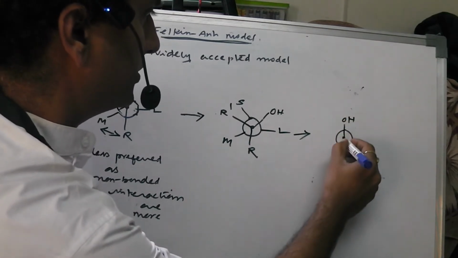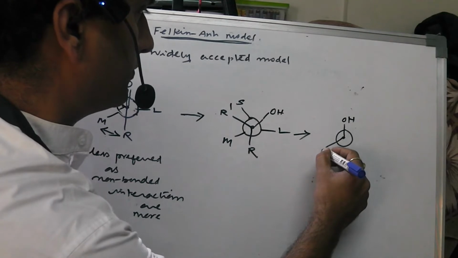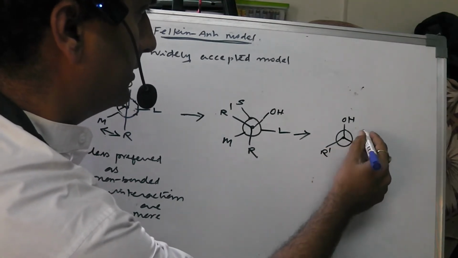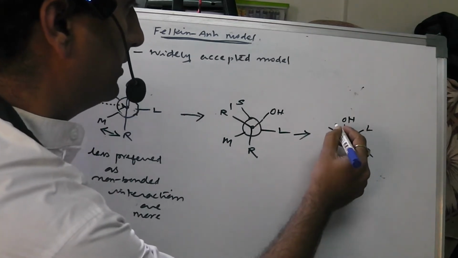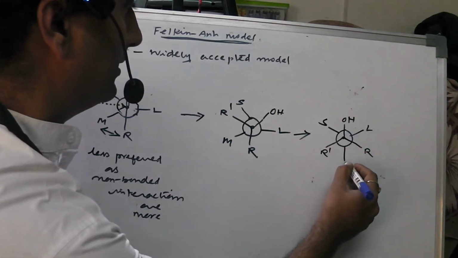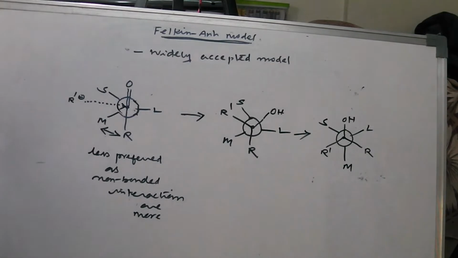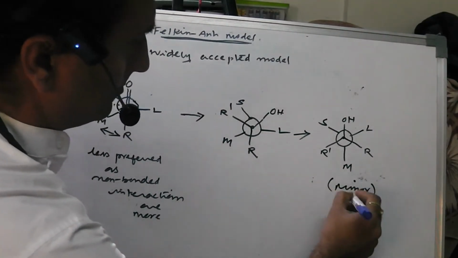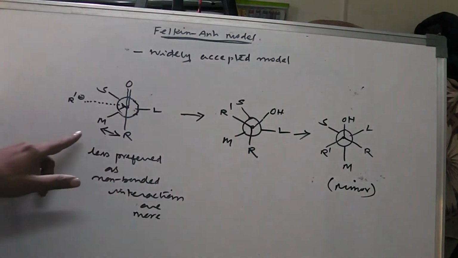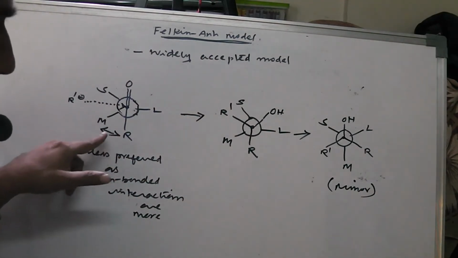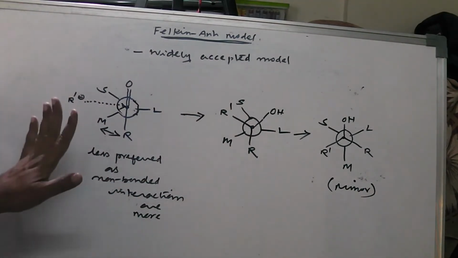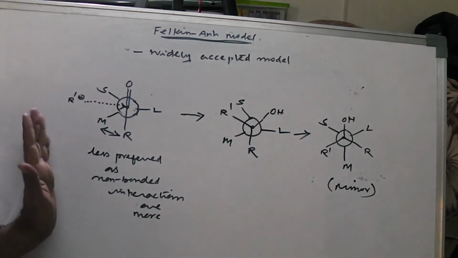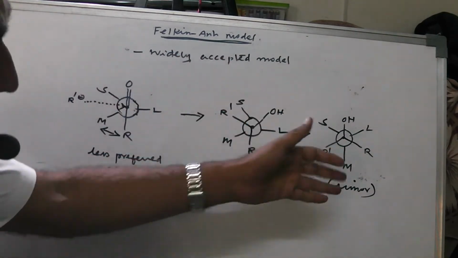So OH, R prime, R, L, S, and M. This will be minor. Why? Because of the interaction between M and R, so it is a less preferred conformation. So the product that is going to form through this particular conformation will be minor.